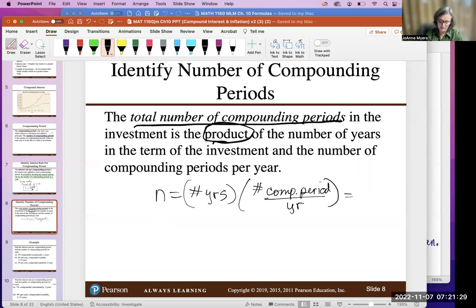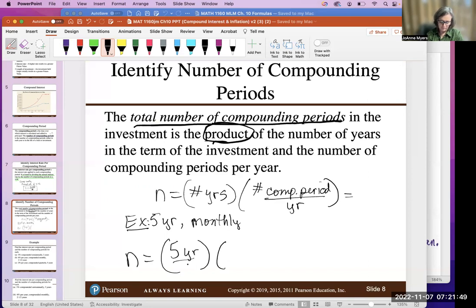So if I have 5 years and a monthly compounding situation going on, then I would have 5 years times 12 periods per year. So my N would be 60. And that's what I would put into my equation.